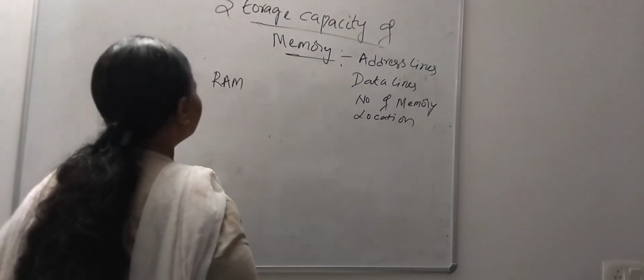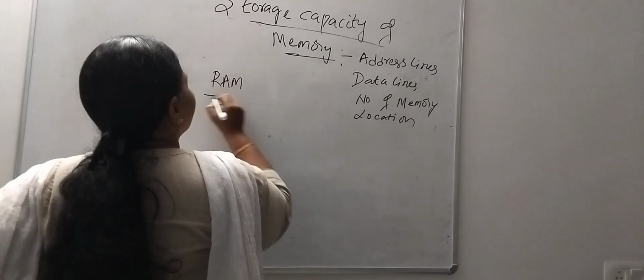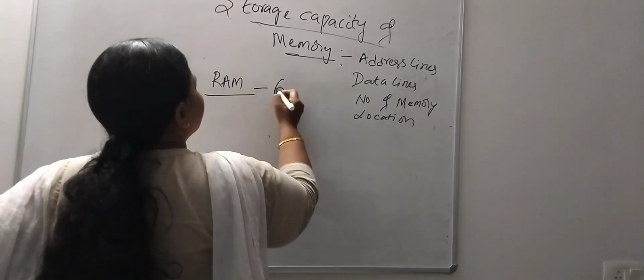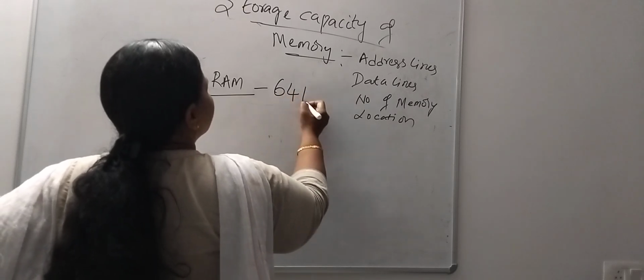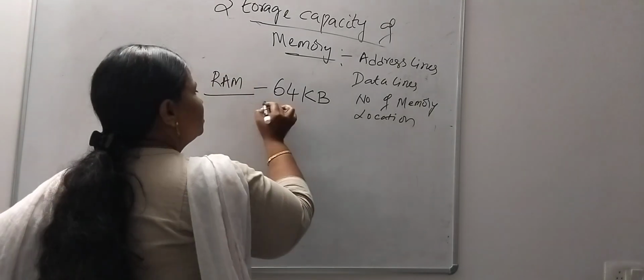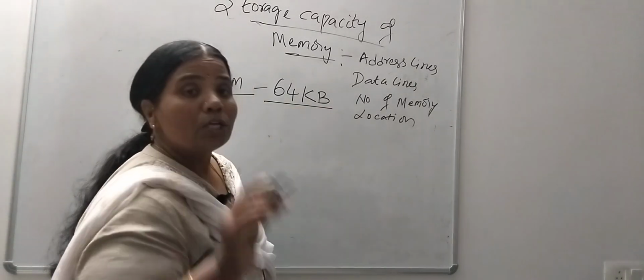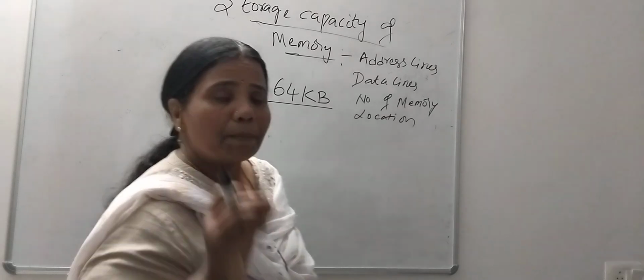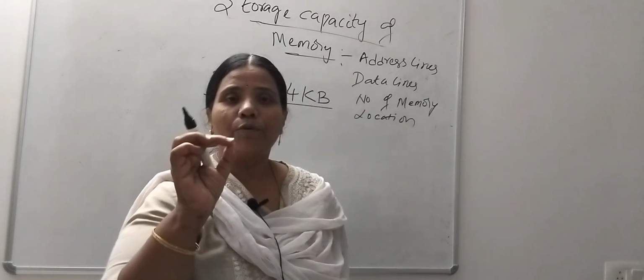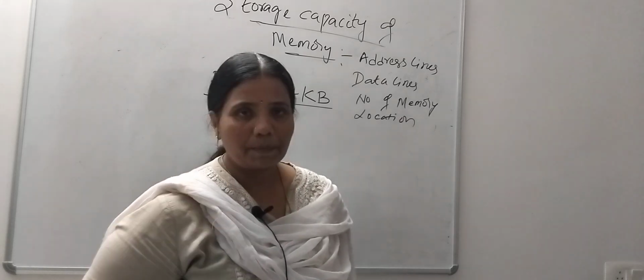Okay, so here think that you are taking a RAM in your mobile phone, and it has a memory size, that is, a storage capacity, of 64 KB. So what is 64 KB? Storage capacity. Whenever you purchase a pen drive, you say 4 GB pen drive, 2 GB pen drive, 16 GB pen drive, isn't it?